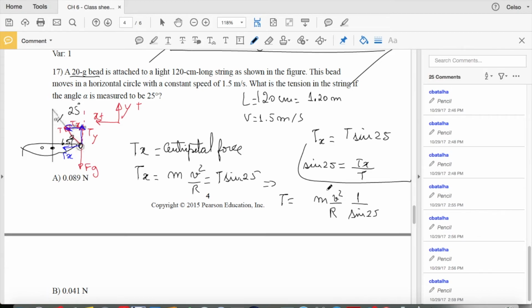We know the mass, so make sure your mass is converted to kilograms, okay? And then you plug it in here, and the speed is given, and the radius is given.